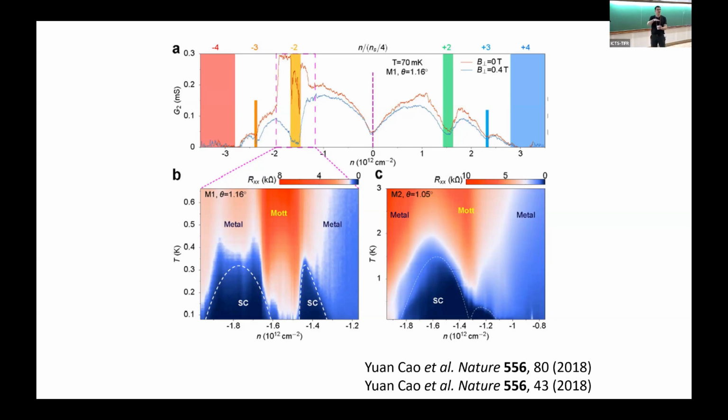So remember, I told you that if you have a back gate and top gate, but it's enough to have a back gate, you can change the carrier concentration in the system. It's better to have both. And then you can reversibly go from here to here. So this would be the so-called charge neutrality point. Okay, here you're doping holes, here you're doping electrons.